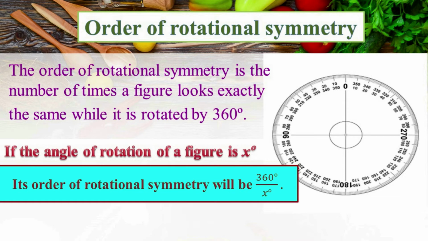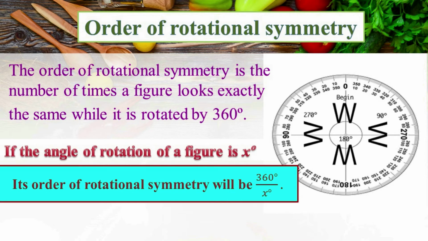That's all. Now let us find the order of rotational symmetry for letter W. The beginning position of the letter W is straight at 0 degree. On the next move, it is not in the original shape.